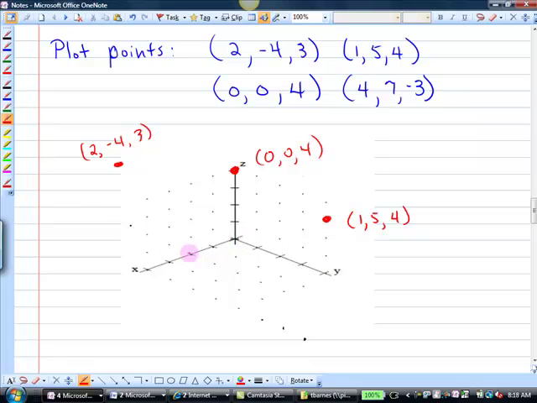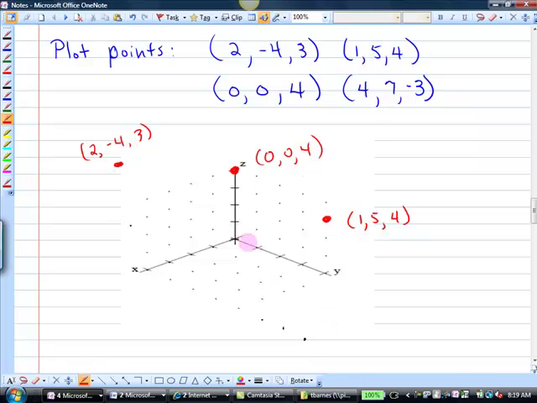So if I'm at 2, then I've got to go 1, 2, 3, 4, and then up 3, which would be 1, 2, 3. Does that kind of make sense? We ran out of dots and you can't see them. But we're 2 on the positive x, and then we have to go parallel to the y. So negative 1, negative 2, negative 3, negative 4, and then up 3.